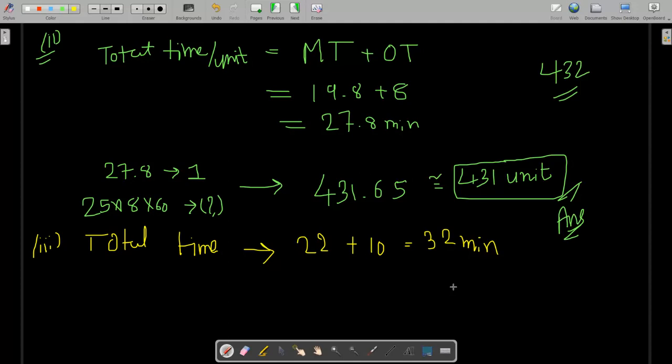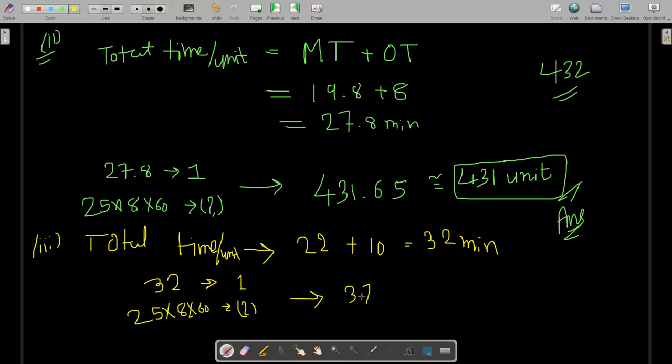When you do the interpolation, that means 32 minutes for one unit. So with 25 days in a month, 8 hours a day and 60 minutes per hour, you will find 375 units. So this is the answer of the third question.